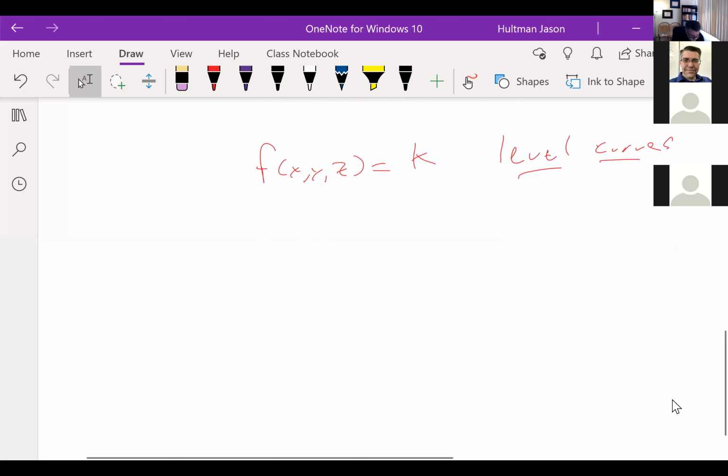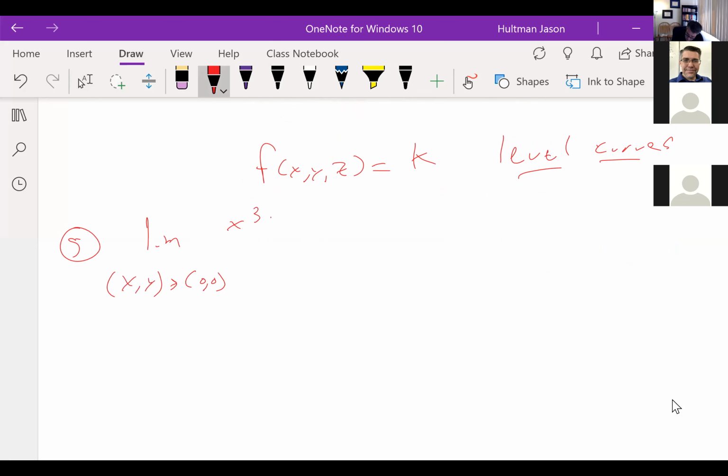Okay, number 5. We want the limit as x, y approaches 0, 0 of x cubed plus y cubed over x squared plus y squared.